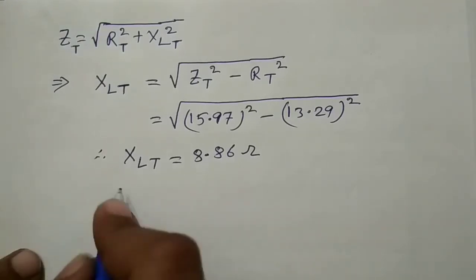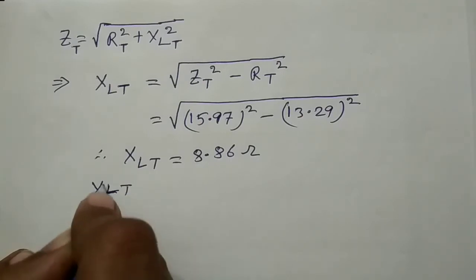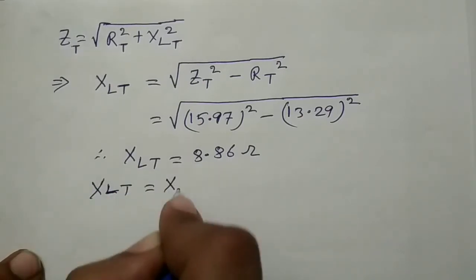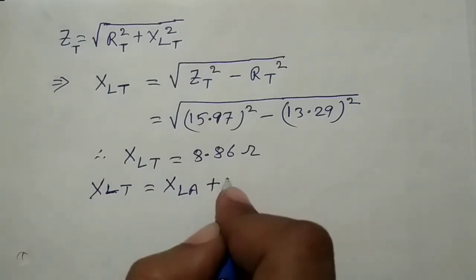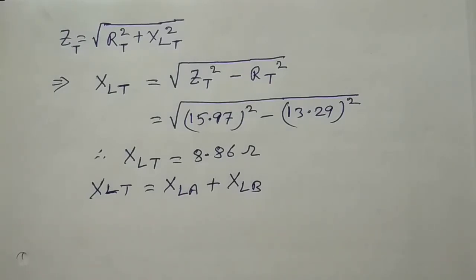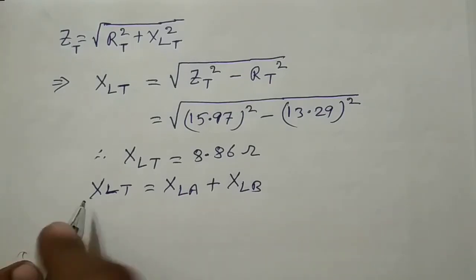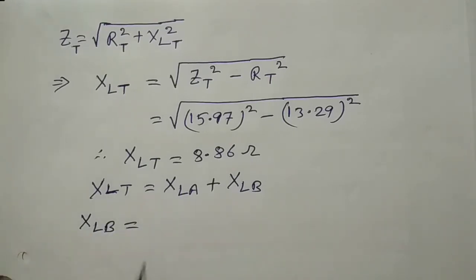And the total inductive reactance XLT is the sum of XLA, that is the inductive reactance of coil A, plus inductive reactance of coil B. In the question, the inductance of the coil B is given. So here we find the inductive reactance of the coil B, XLB, and it will be 2 pi F LB.